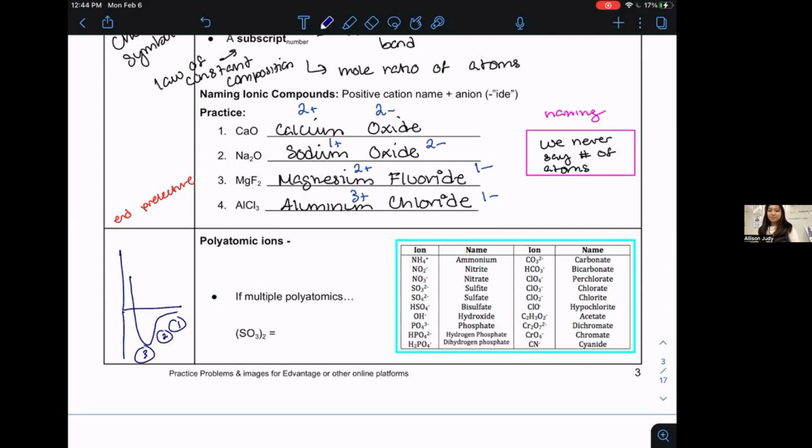Good. So bond length. There's an ideal bond length, an ideal distance between the 2 atoms in a bond.